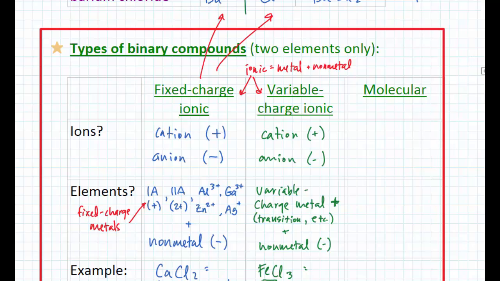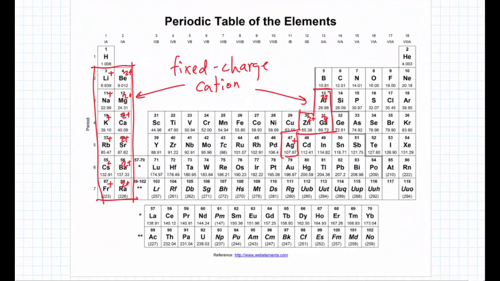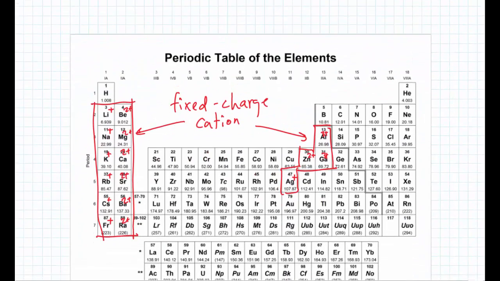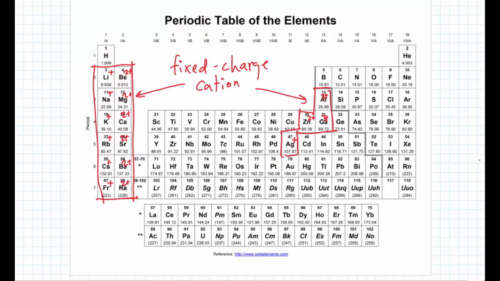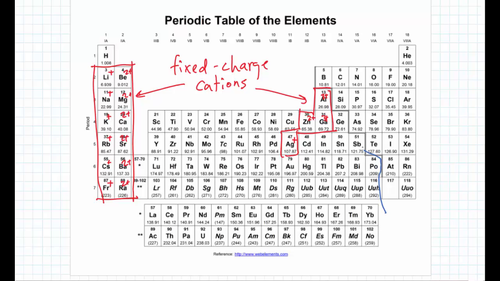Okay. So let's go back to this page with the fixed or variable, with our list of metals here. We specifically showed the fixed charge cations. All the other metals are variable charge. Including the metalloids over on the left here, including these in the main group.